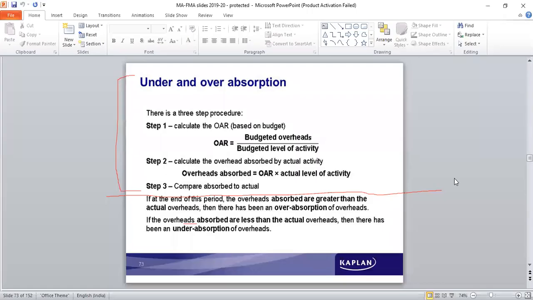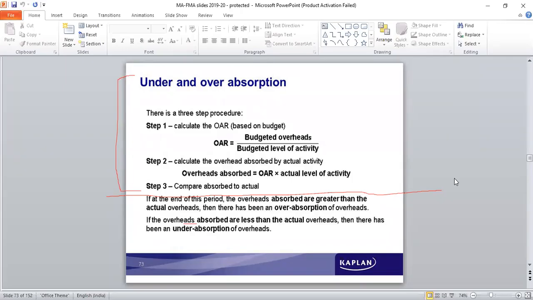So they would not be accounting the actual amount of overhead incurred. The total actual amount of overhead will be incurred, but they are not dividing that and distributing it. They are assuming a rate, the overhead absorption rate, and calculating the amount based on that assumption and recording it. So that may not be equal to the actual amount incurred.